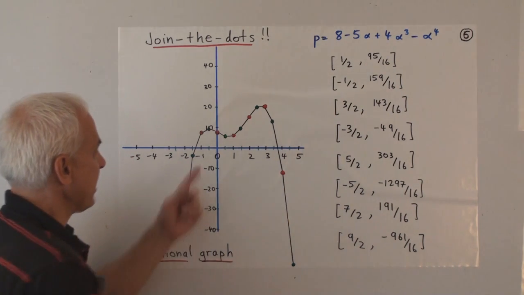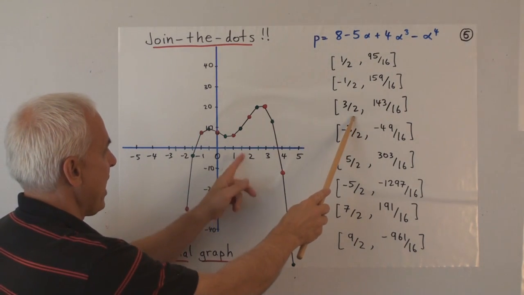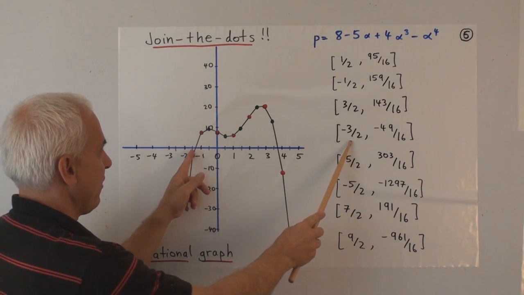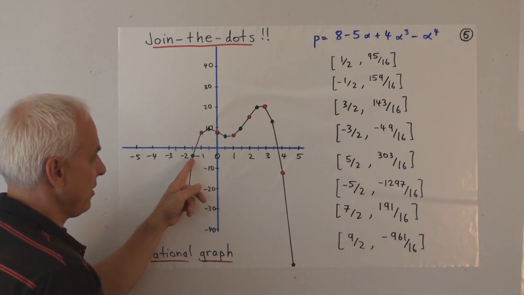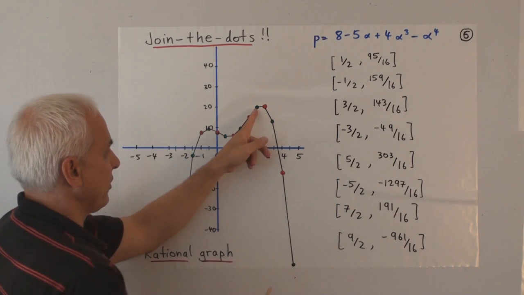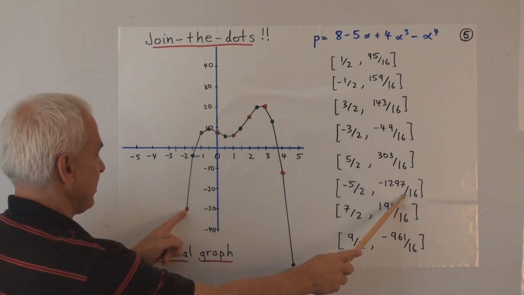And I've also plotted minus a half, 159/16, 3/2, and 143/16, minus 3/2, and minus 49/16, 5/2, which is there, and 303/16, minus 5/2, and minus this.